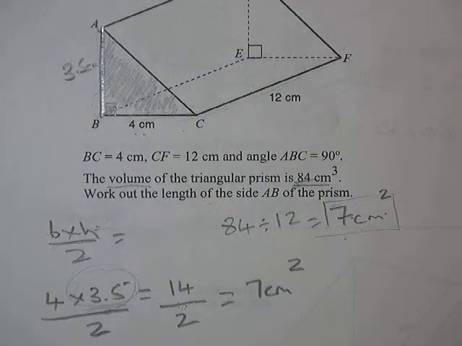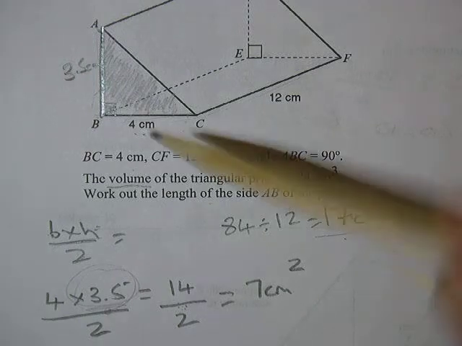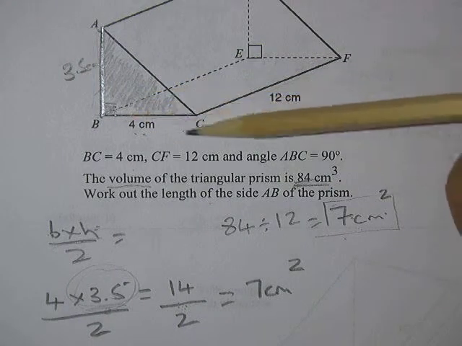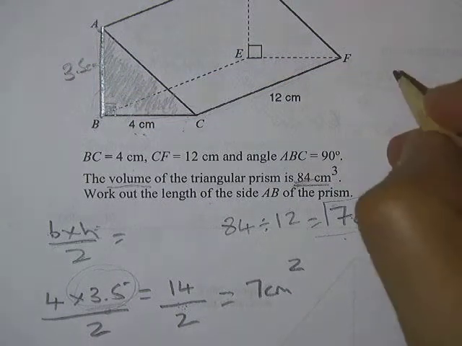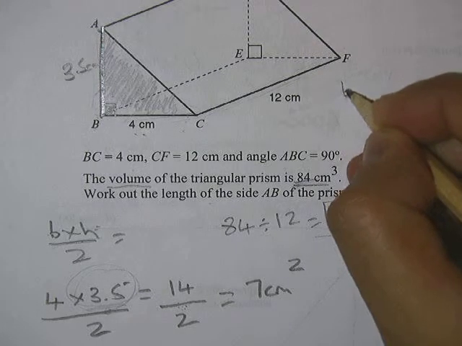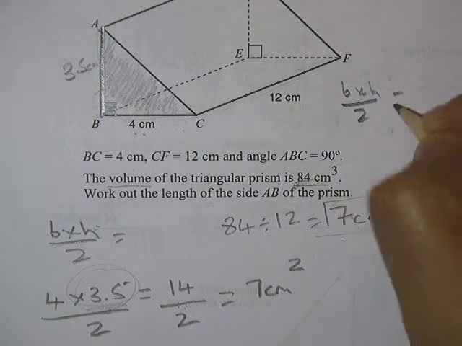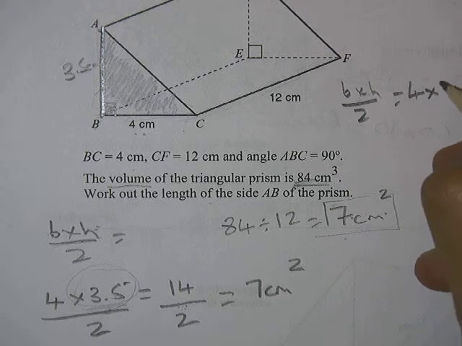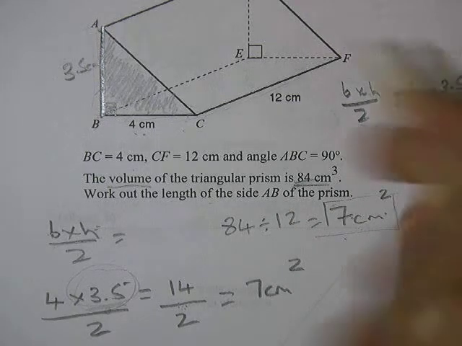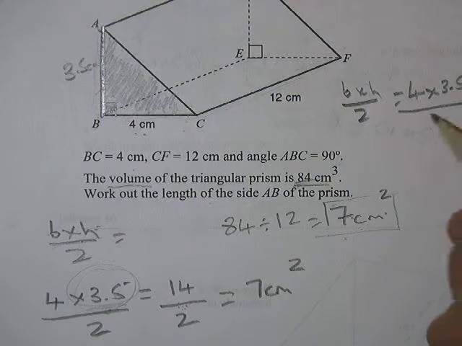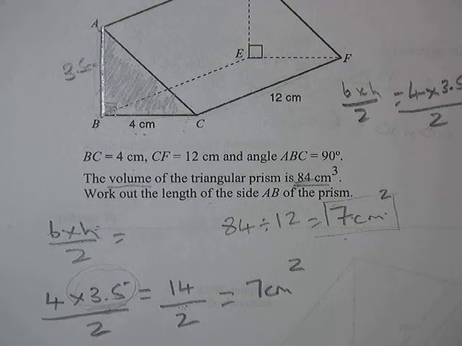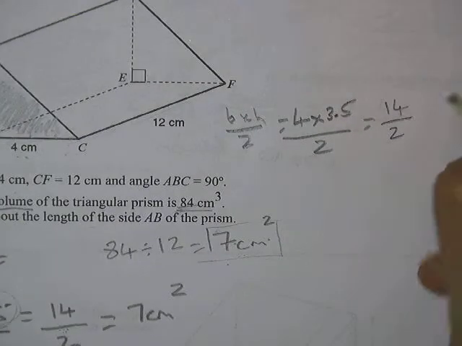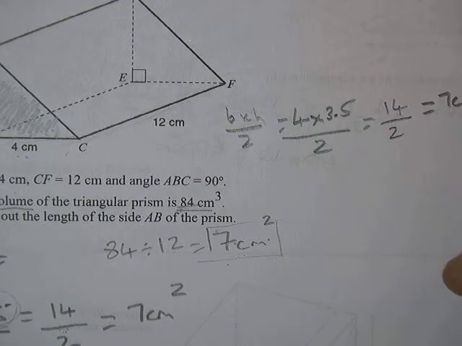So if this was just a regular question, a triangular prism, base 4, height of 3.5, what we do here is, okay, base times height divided by 2 gives us the area of the cross section. So we know the base is 4, and times that by the height of 3.5, divided by 2. So 4 times 3.5 is 14, divided by 2 will give me 7 centimeters squared.